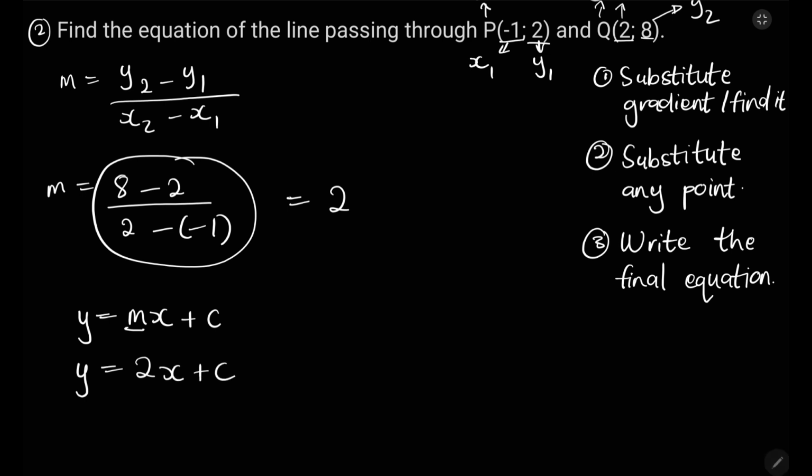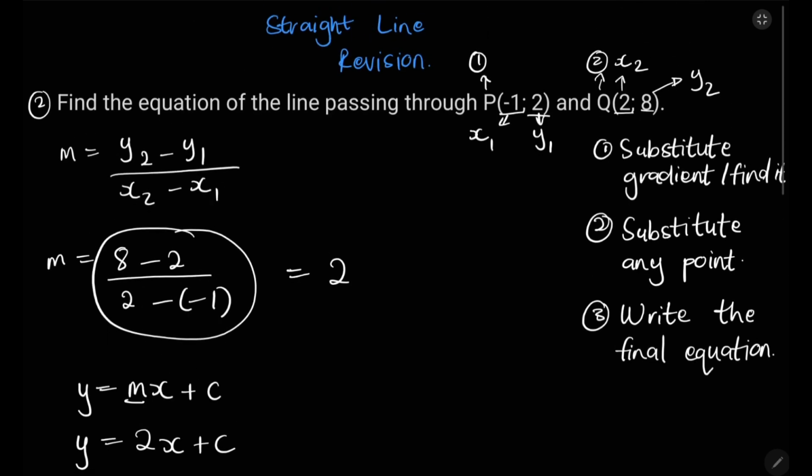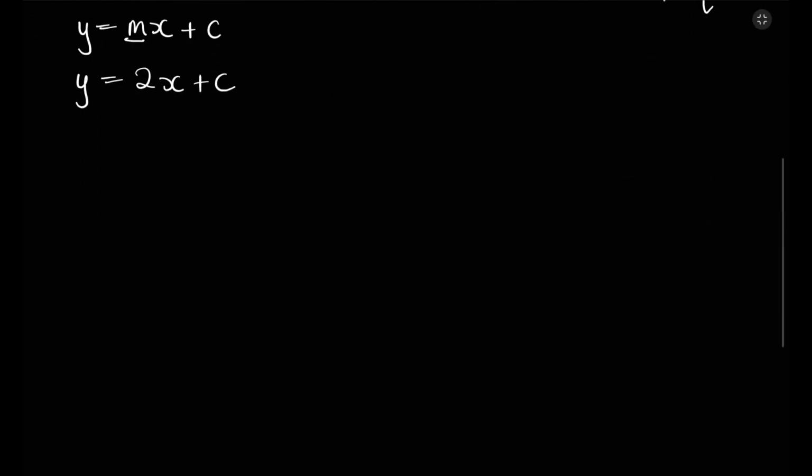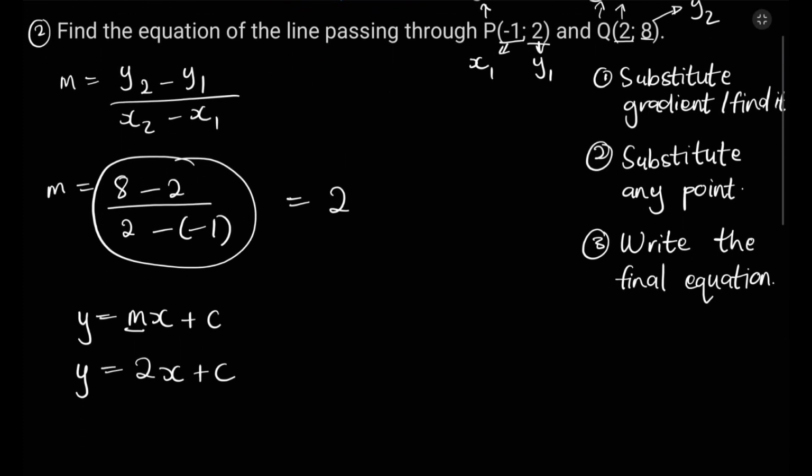Step 2, substitute any point, okay? So we have point P, where our x is negative 1 and our y is 2, and Q we have 2 and 8. So you can choose any point. Let's just choose Q, okay? So for point 2, we have Q, 2, and 8.